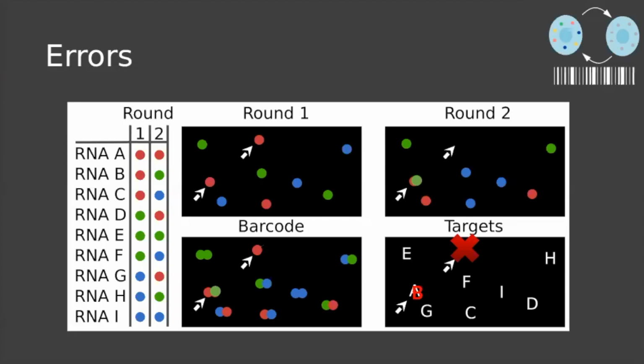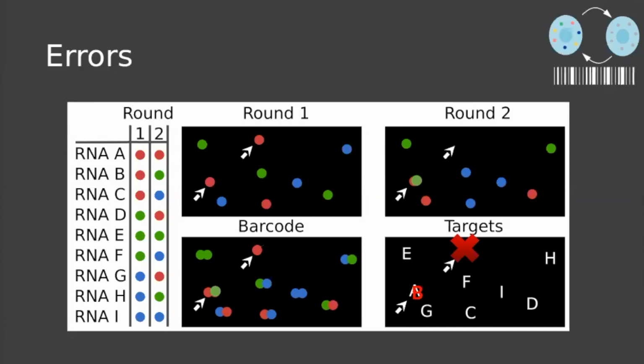One is red and one is green in the second round. And by alignment errors or by some chance, we think that our original dot is green instead of red, which gives a wrong barcode and a misidentification of the dot. So instead of thinking that it's RNA A, we now think it's RNA B.